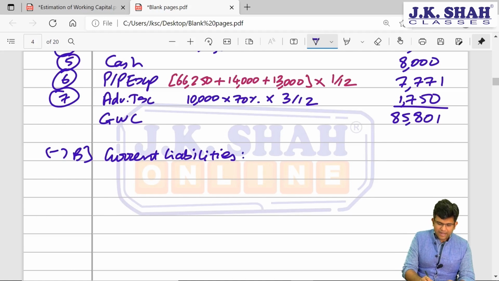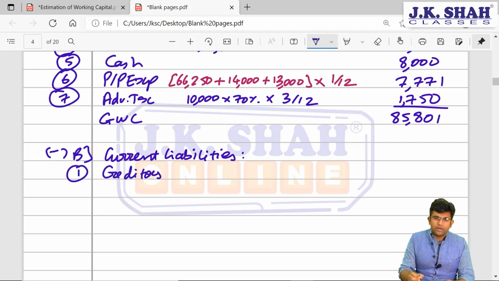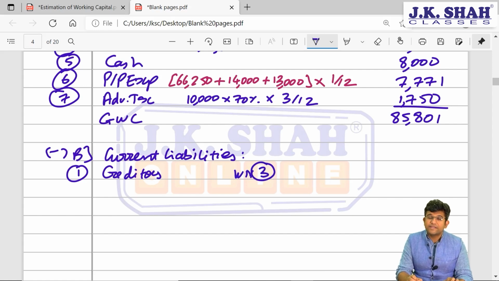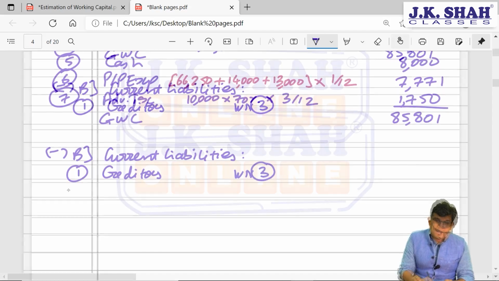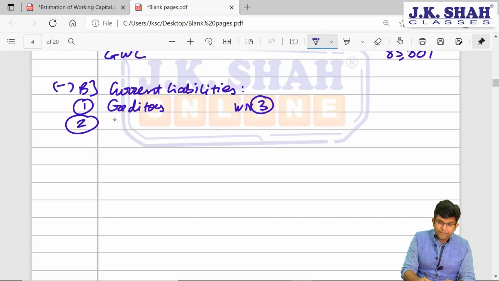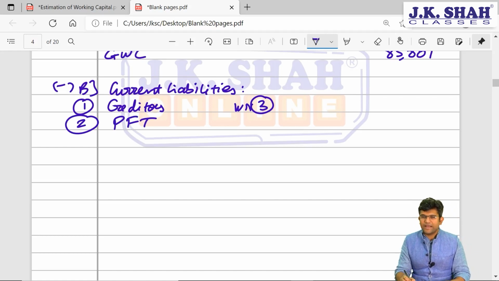So as far as current liabilities are concerned, the first current liability is of course creditors. Now children, for creditors, I hope you realize you will require a working note 3 because purchases need to be calculated separately. So right now just keep it open. Now children, do you realize the second one is provision for tax, correct? There is a provision for tax 10,000.